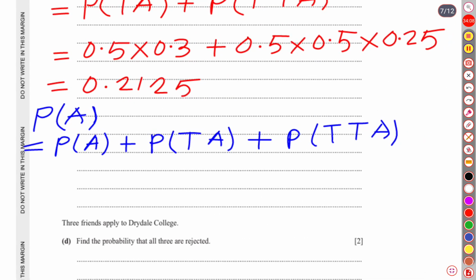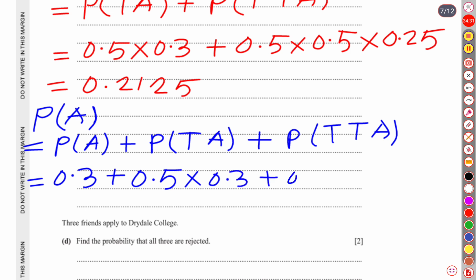So the first one was 0.3 for succeeding in the first chance. Or he might be given the chance to take part in the second chance, then the probability is 0.3.